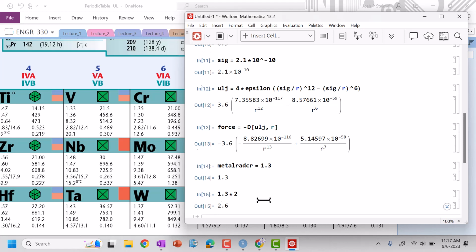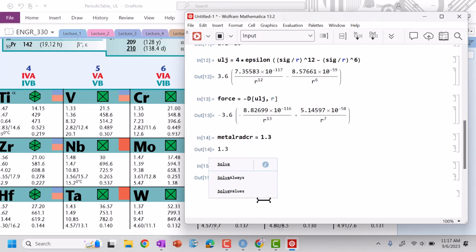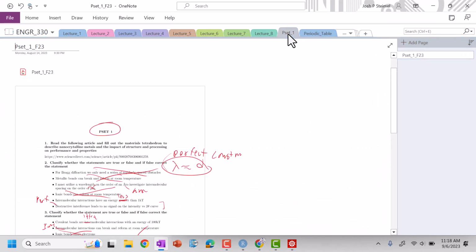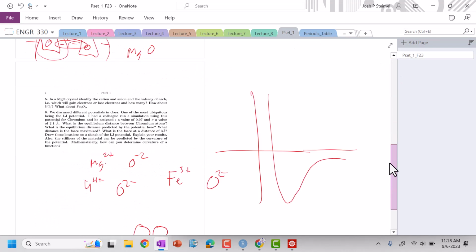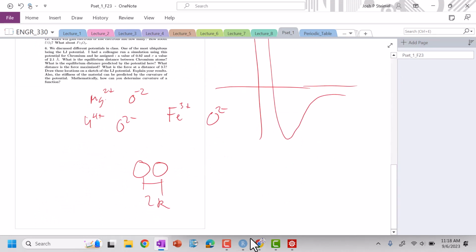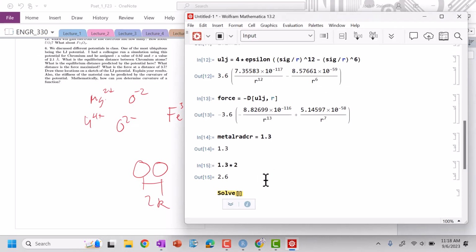So we are going to figure out what our equilibrium distance is, as predicted by the potential. To figure out our equilibrium distance, we have to find the minimum of our potential here. So we need to set the derivative of our potential equal to 0 and solve.